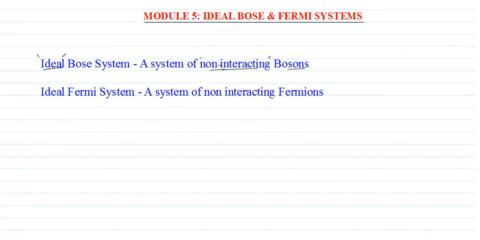And an ideal Fermi system, as we mentioned in the case of the ideal Bose system, is defined as a system of non-interacting fermions. That means we will consider the behavior of a collection of fermions, say for example, a large number of free electrons in a metal. We will consider these free electrons as not interacting between themselves.